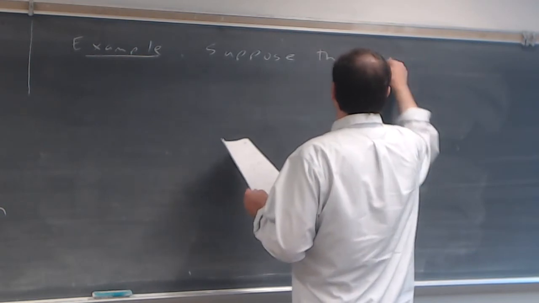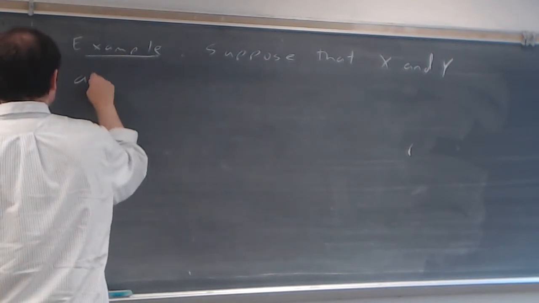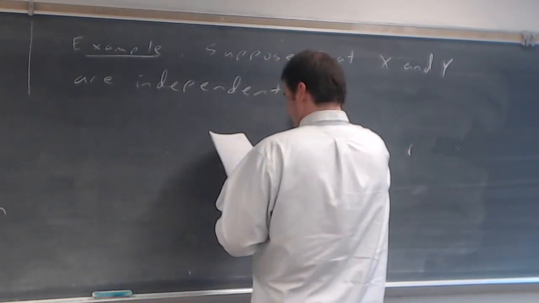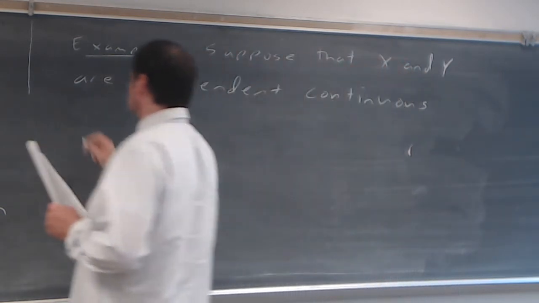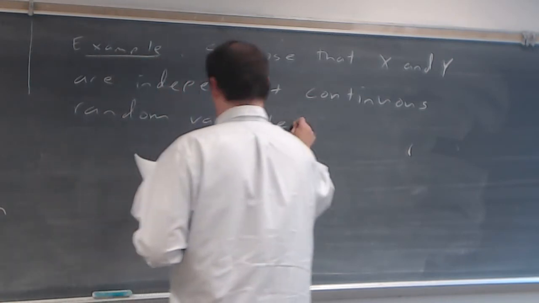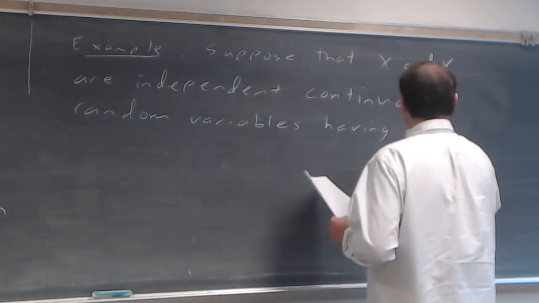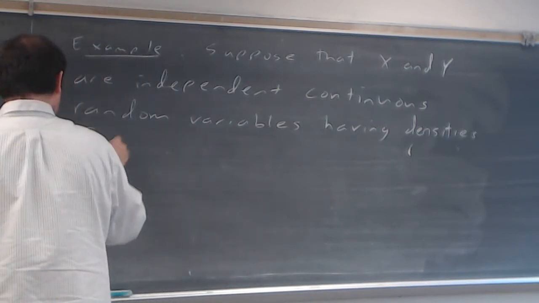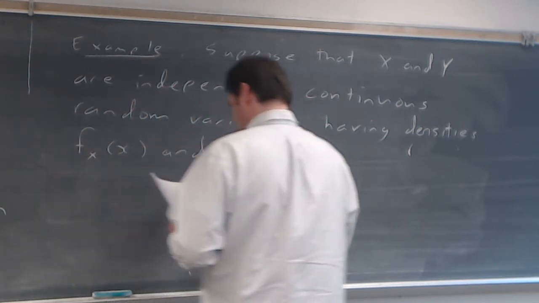Suppose that X and Y are independent continuous random variables having densities f sub X of x and f sub Y of y.